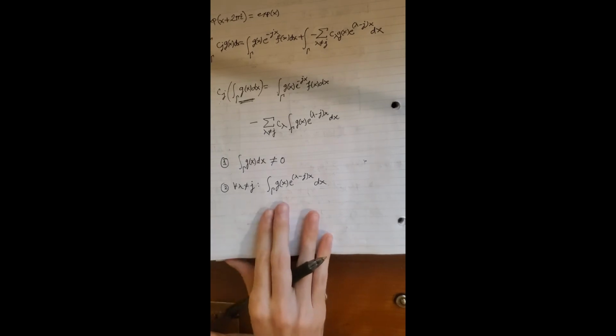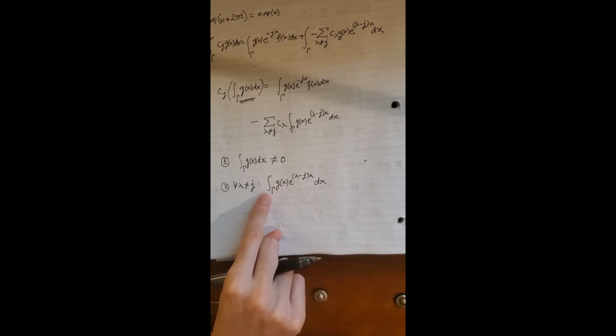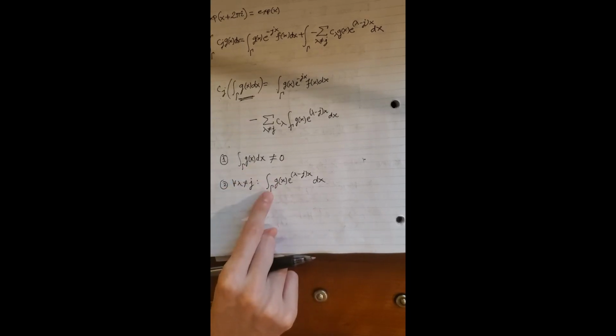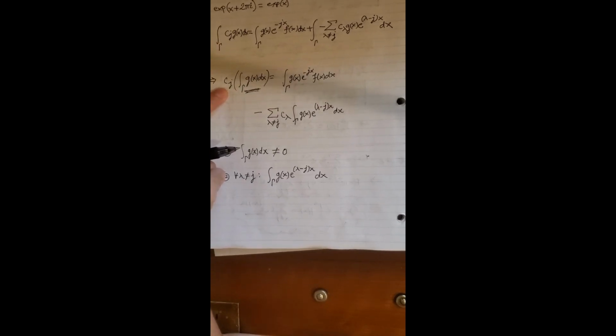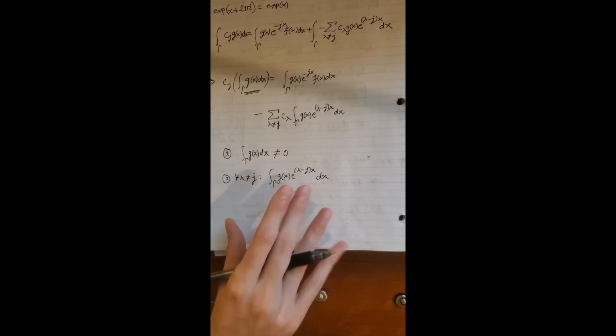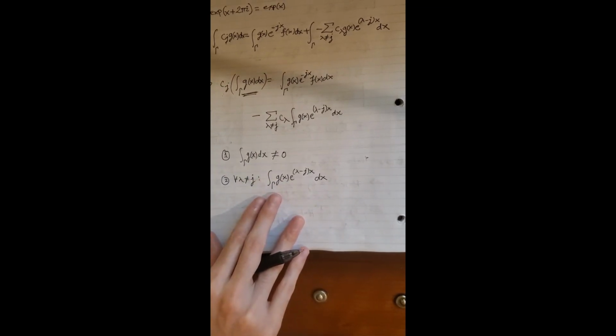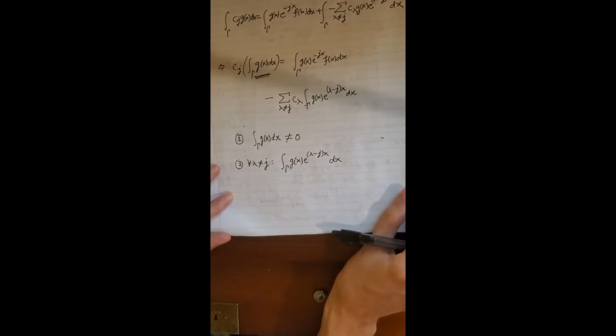So this isn't a necessary condition, but if we find a function g and some contour gamma that satisfies these two conditions, then we know what c sub j is, right? And it's actually very easy to come up with a solution to this. Well, easy is relative, but basically you can just kind of guess and check.